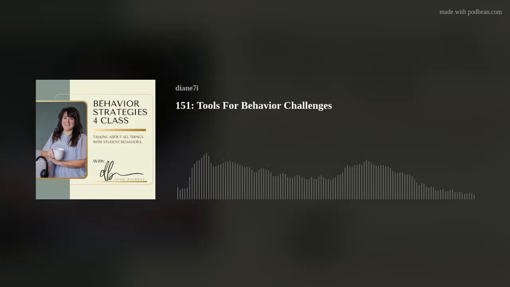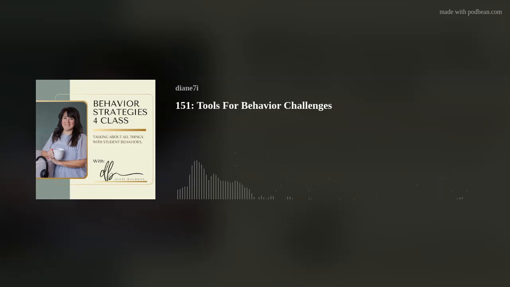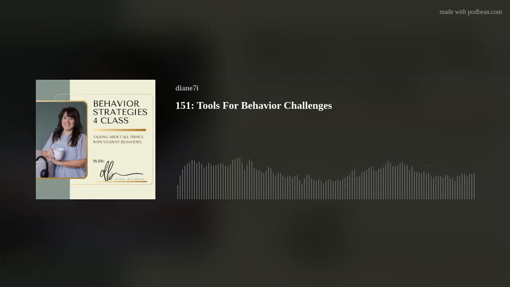Number 4 is a behavior goal sheet. So this would be an individual behavior goal. Like I said, the behavior chart is for your whole class, but a behavior goal sheet is an individual thing.